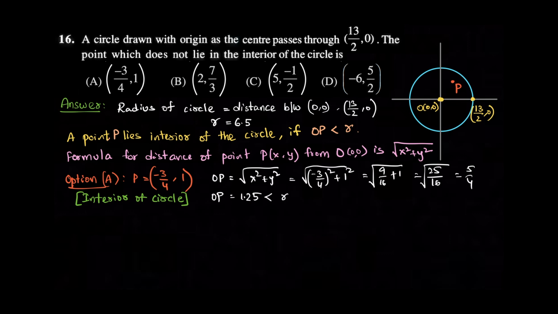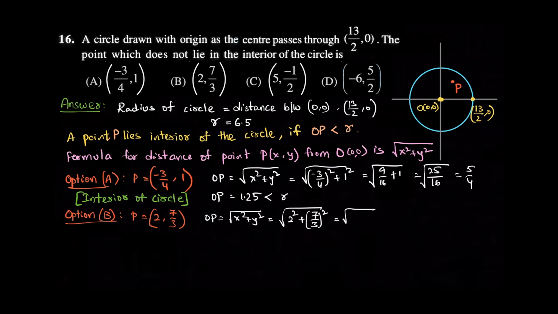Now let us check option B. In option B, we are given the point P (2, 7/3). Let us find the distance OP, which is root over x square plus y square. That is root over 2 square plus (7/3) whole square, which is root over 4 plus 49/9.